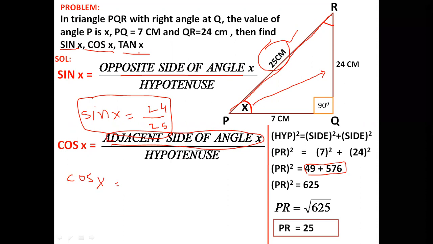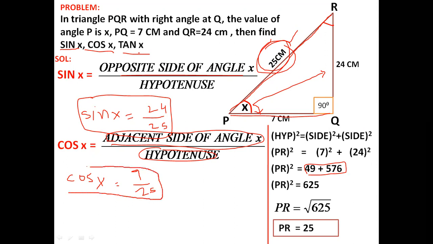PQ is the adjacent side, so 7, by the hypotenuse, 25. So the value of cos x is equal to 7 by 25.